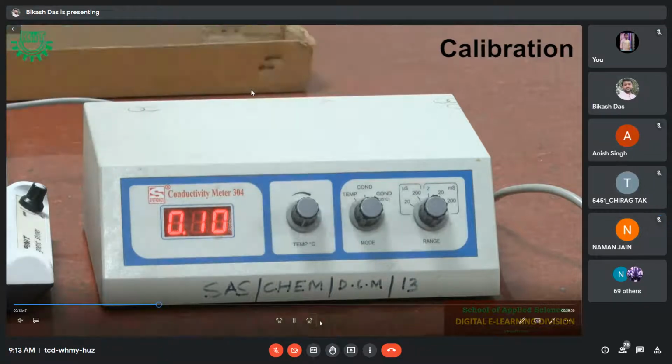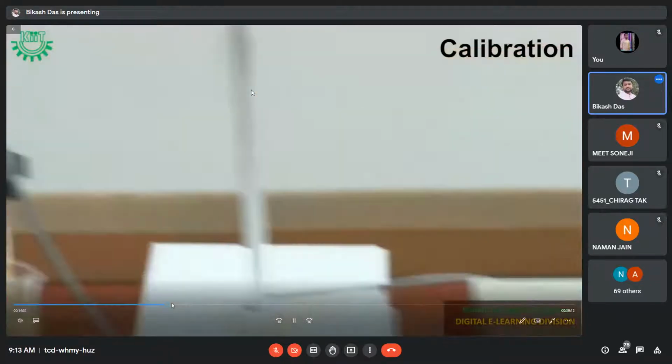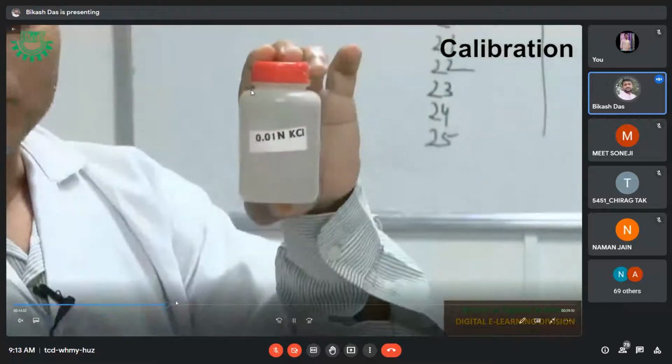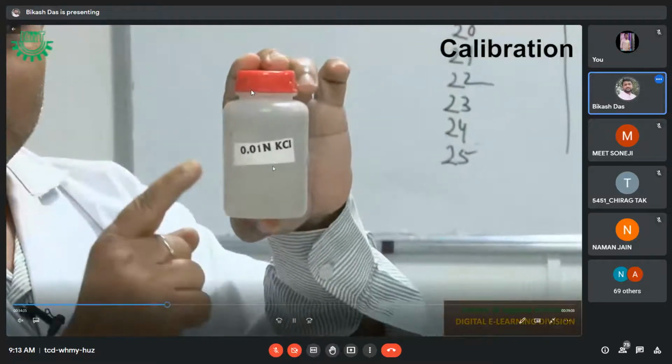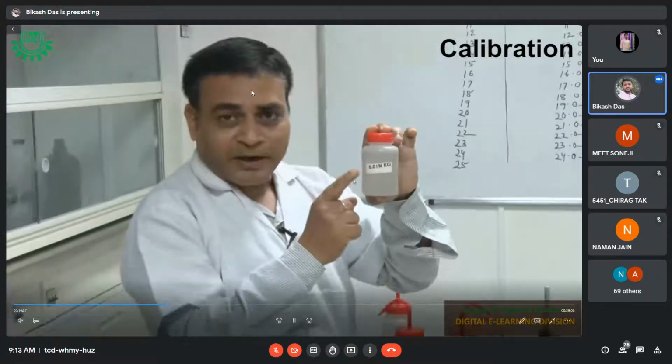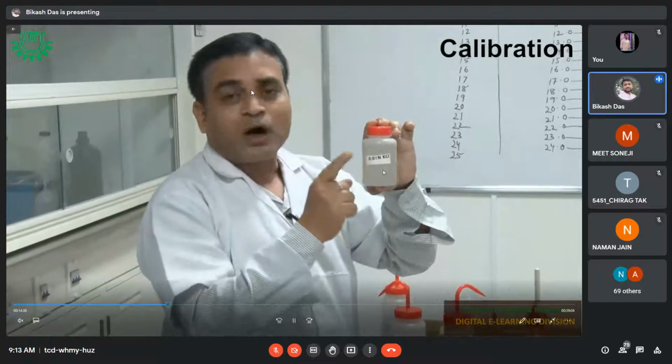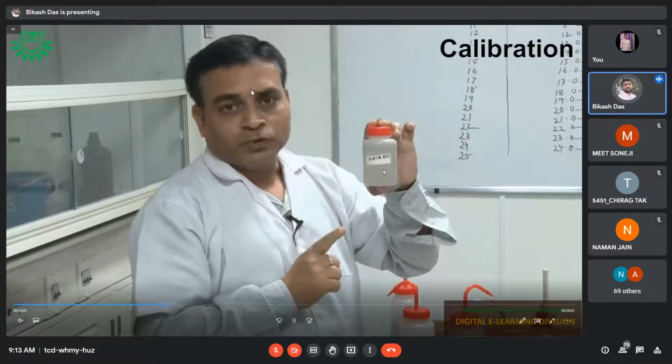Nice. See, now we have to select the range at 2. Okay, range 2. Now this is the KCl solution at 0.01 normal, the KCl conductance value is 1.41.